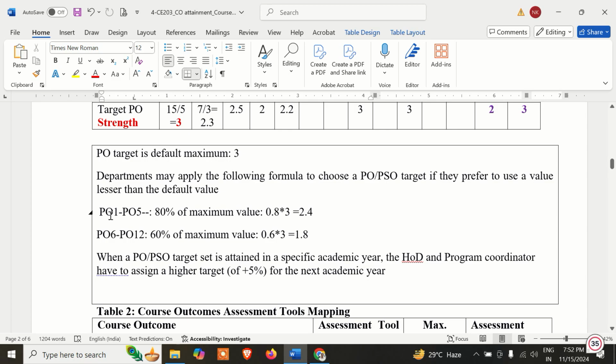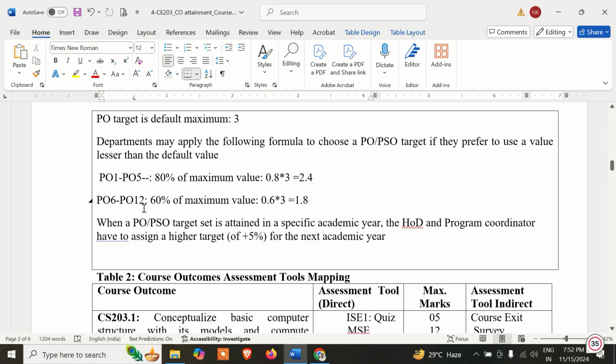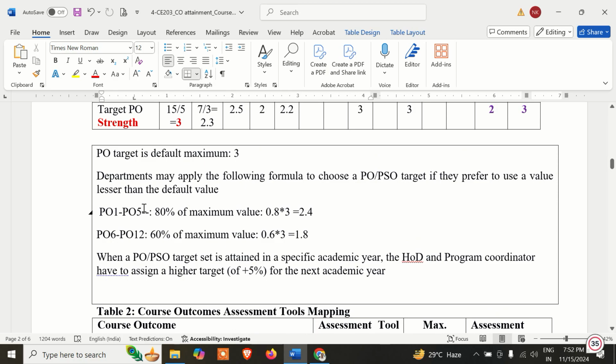based on your course. But in general, PO1 to PO5 generally have the highest strength. PO6 to PO12 are weaker for the majority of program specific courses, electives, and program core.